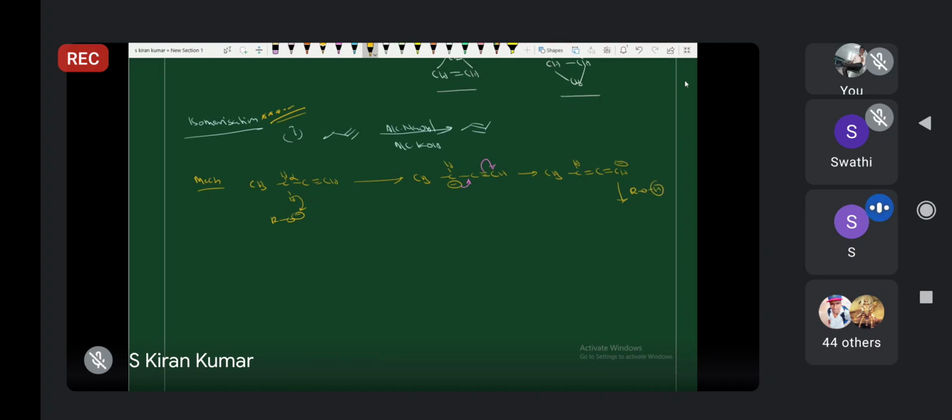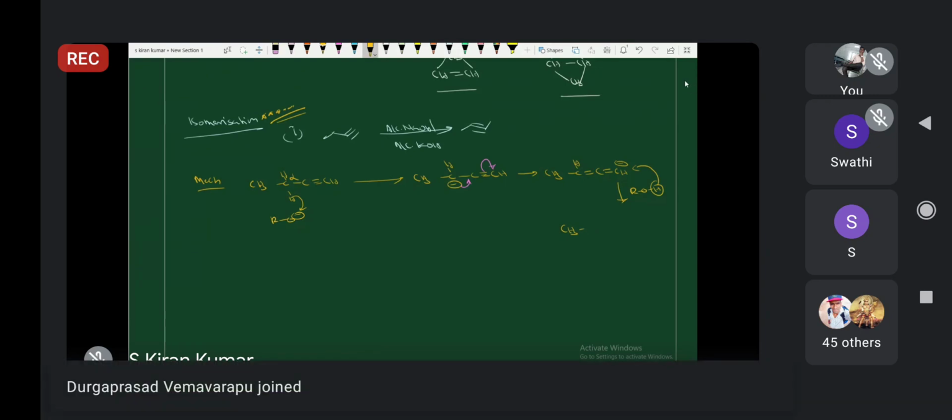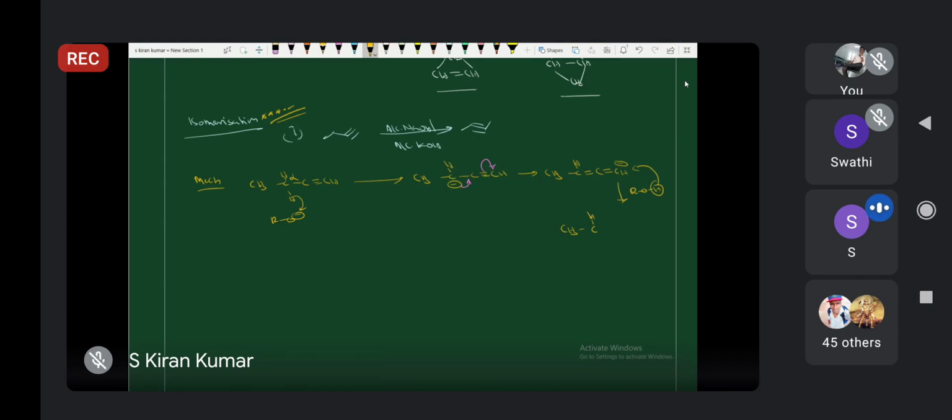Then it becomes CH2. A proton is added: CH3 CH double bond C double bond CH2. Then when the H plus reacts with the alkoxide ion, again a carbanion forms. Next, the same mechanism can be repeated here.